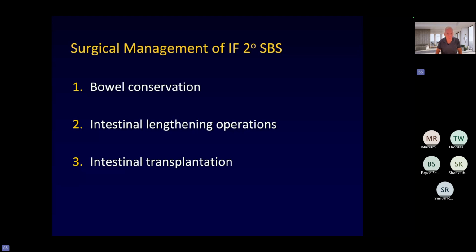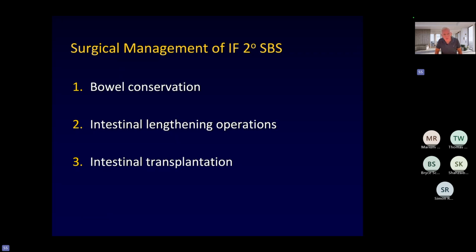What about surgical management? Well, with the development of intestinal rehabilitation techniques and increasing knowledge of how to prevent intestinal failure-associated liver disease, the use of surgical management of short bowel syndrome has decreased dramatically over the last 5 to 10 years.